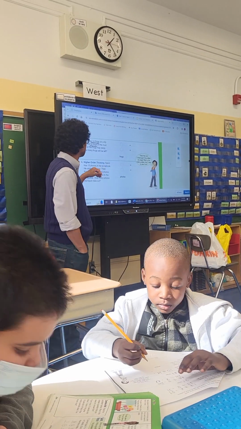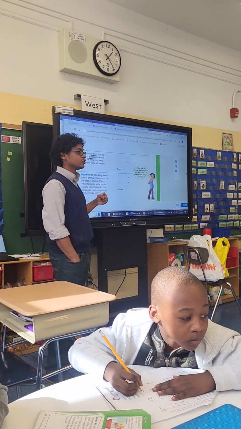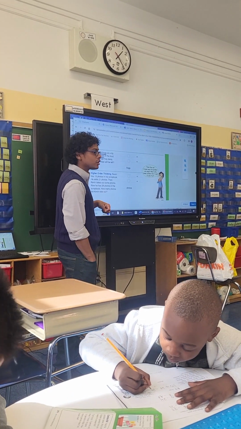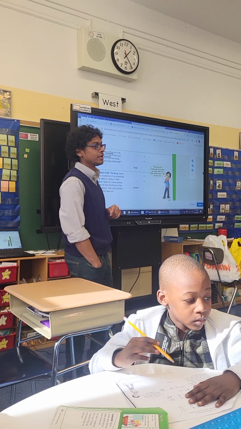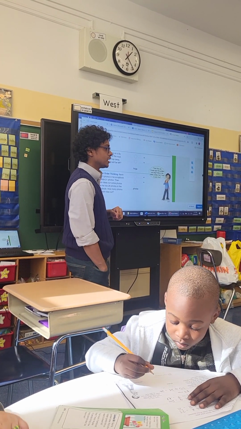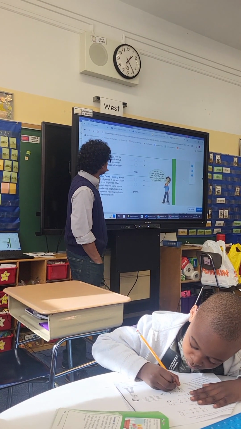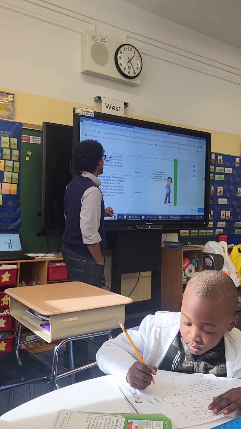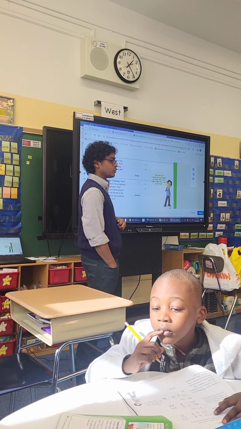So, I'm going to read the next part of the question. Eyes in your books. If 7 of the frogs hop away, how many frogs will be left? What am I going to underline there, Navia? For the second part of the problem. If 7 of the frogs hop away, how many frogs will be left? We're on number 3.